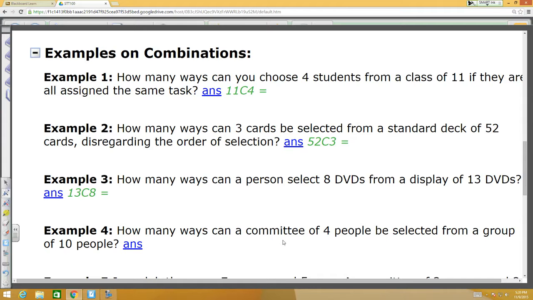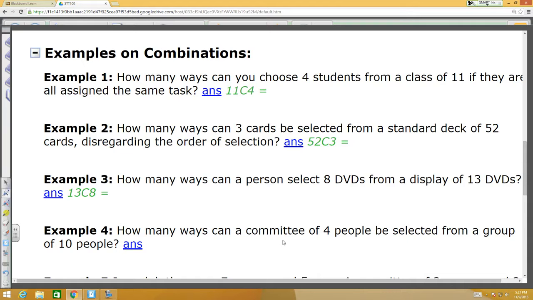Example 4. How many ways can a committee of 4 people be selected from a group of 10? Also 10C4, because there is no evidence that the order of the people selected will matter. Usually when they select a committee, they meet together, choose the chair, co-chair, and assign different jobs among themselves.